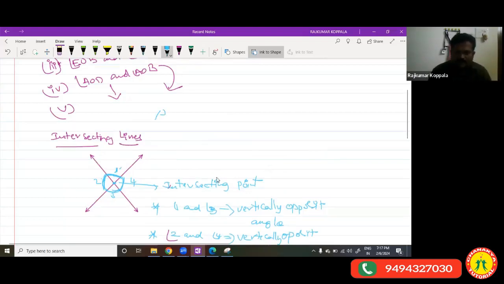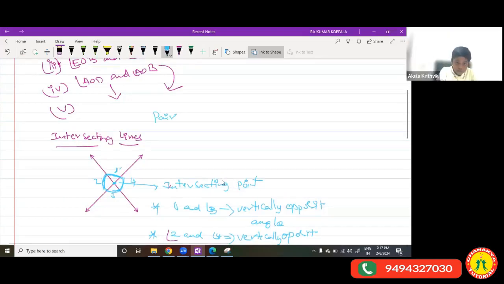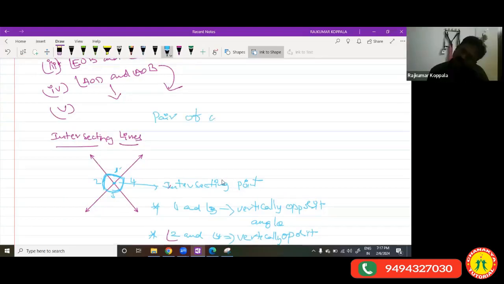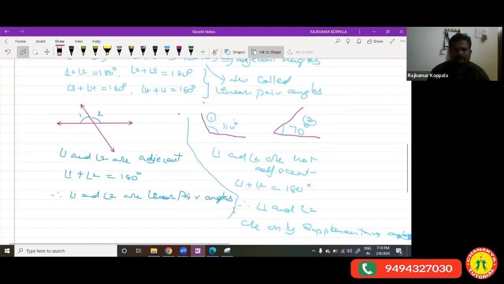Vertically opposite angles means how many angles we consider? Two. So they are called a pair of angles. Supplementary angles, two angles. Linear pair means two angles. So all these are called a pair of angles. Okay. First you complete this one.